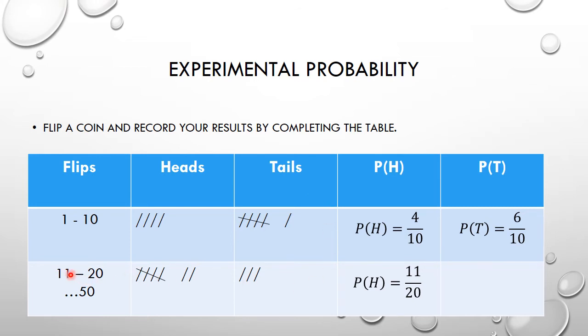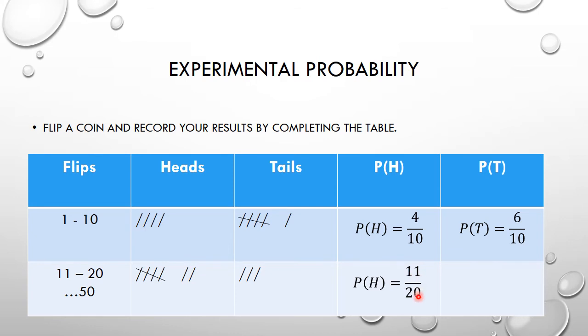Great, so number 11 to 20, again it's 10 together, but this time I had 7 heads and 3 tails. So the probability of getting heads is 11 out of the 20, because I said the 4 plus the 7 now gives me 11.